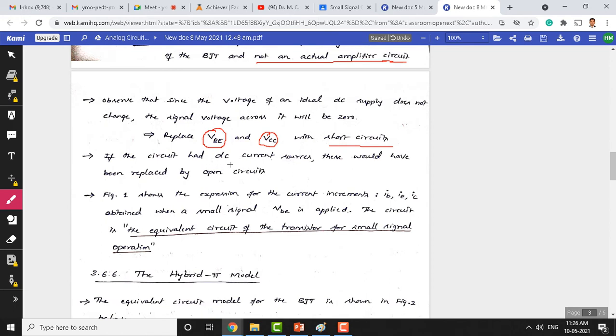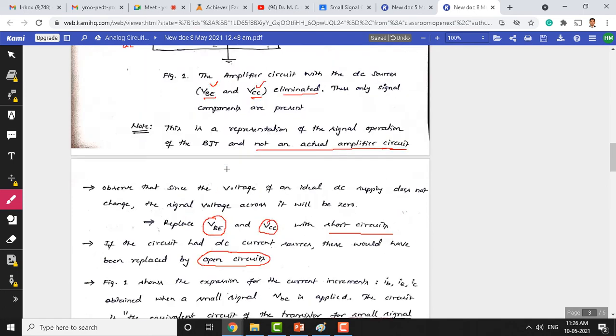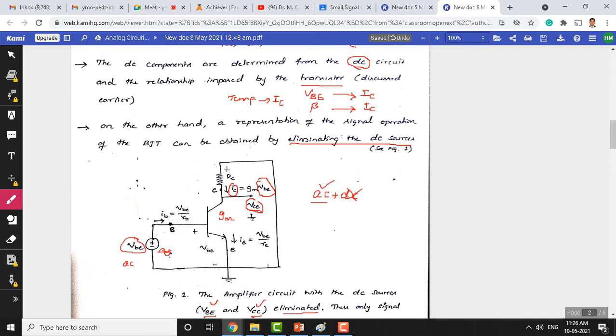So these are the requirements when we want to write an AC equivalent circuit. Voltage sources must be replaced with short circuits, and current sources must be replaced with open circuits. Example, let me show here. Suppose I have a DC voltage source, say VCC.